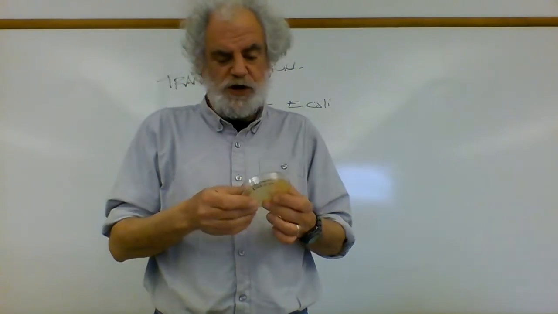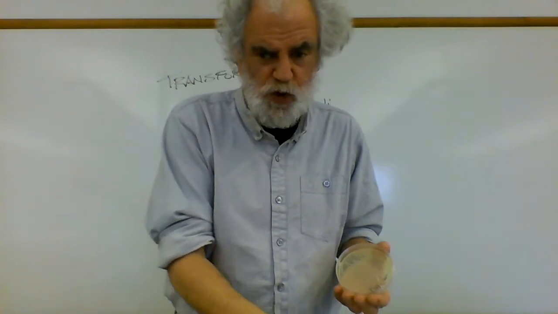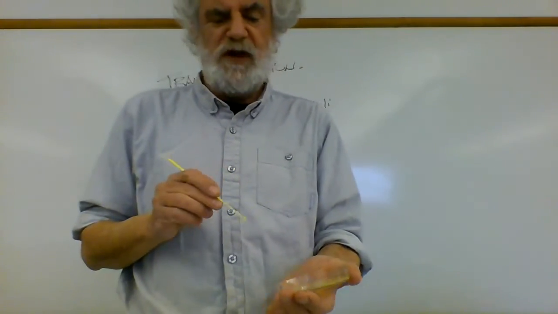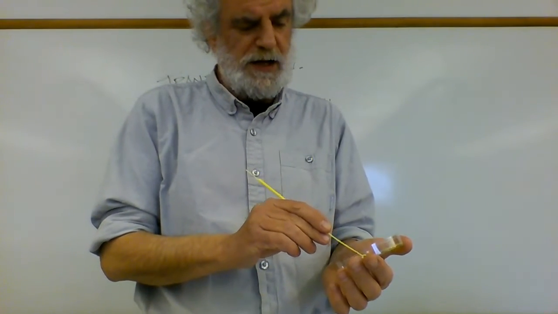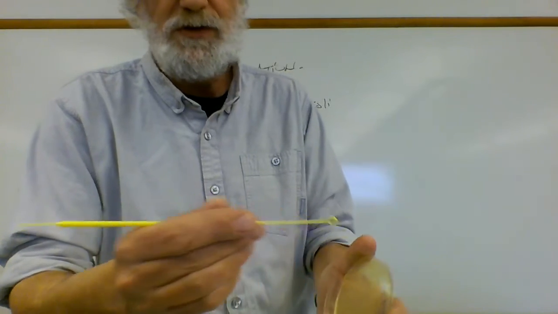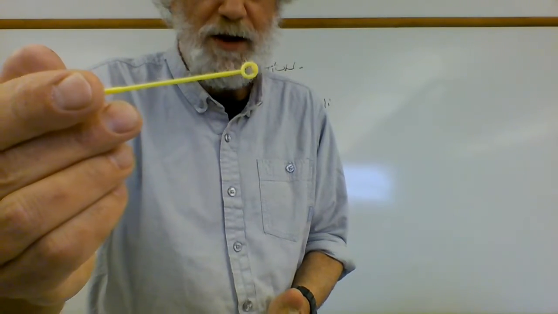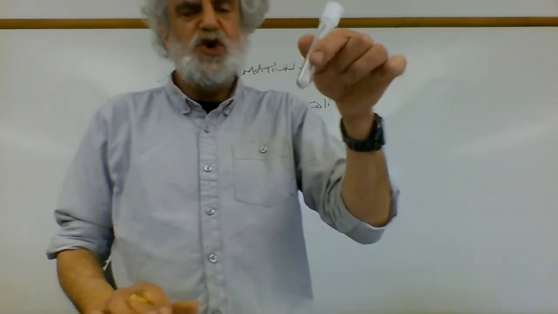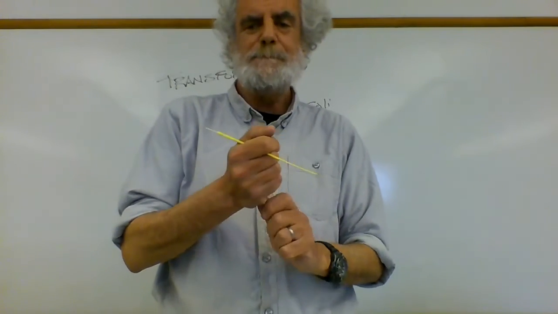What you're going to do is take a loop like this and approach your plate thusly. Say, hello, plate, and physically scrape up bacteria until you get a wad of bacteria on your loop. See? And then you will have a tube of calcium chloride.